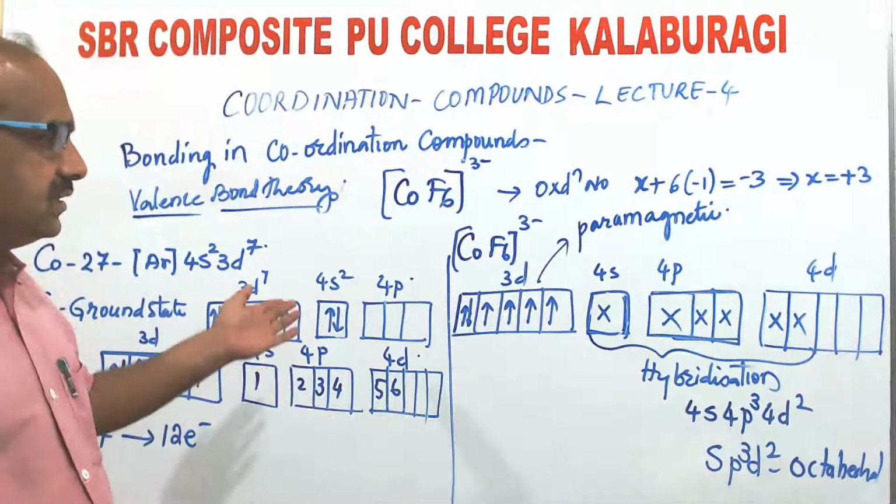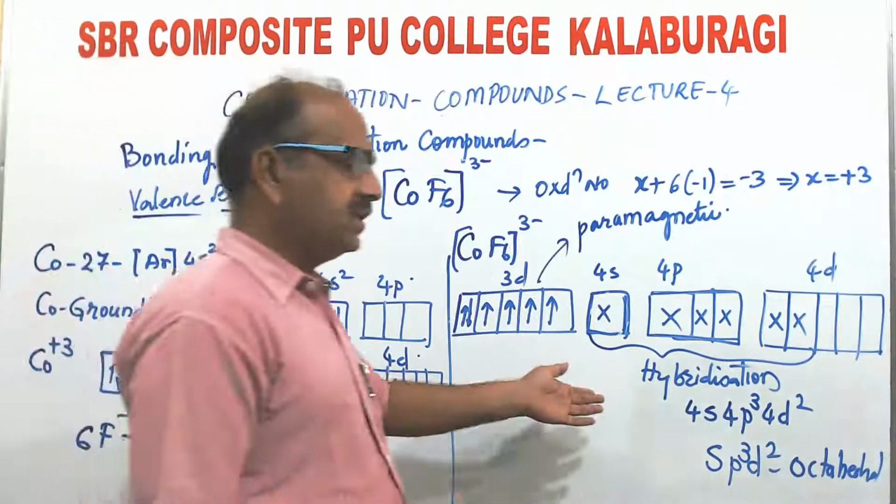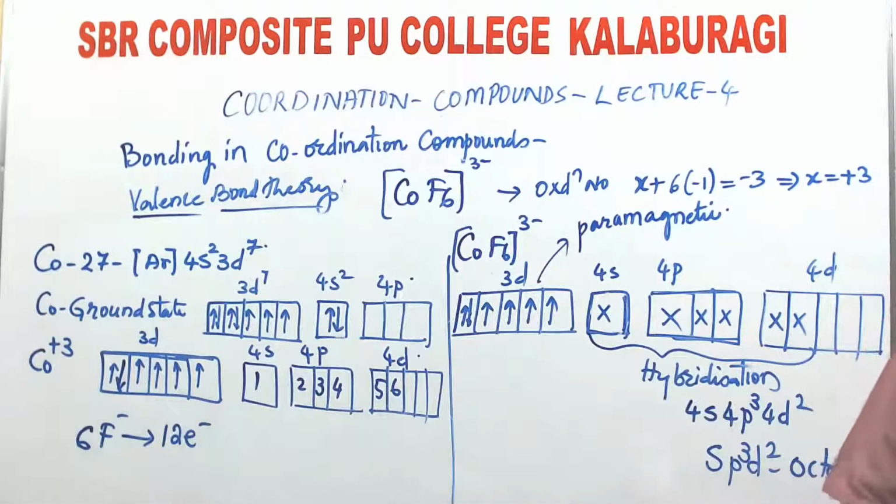Right. So this is an outer orbital complex. Since all the 4s, 4p, 4d, all the outer orbitals are used up in the bonding, it's an outer orbital complex. Have a look.